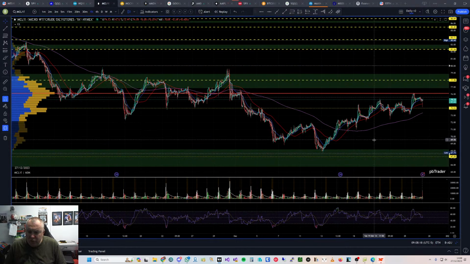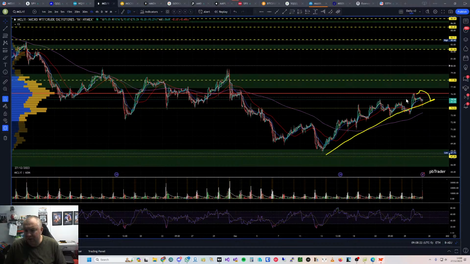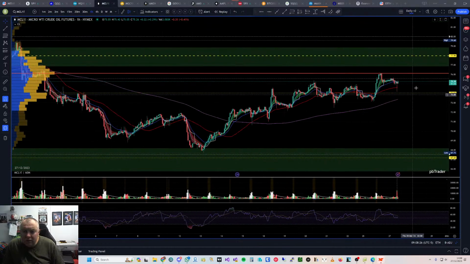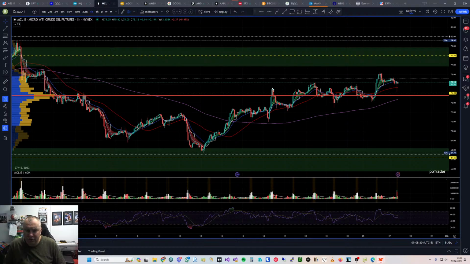retest. Oil seems to be holding on to its gains quite well for the last couple of weeks. Broken out of this area of consolidation, you can see there, and potentially we come in, retested it. Go back to my pen. We came in, broke through, retested, maybe looking for the breakout here.